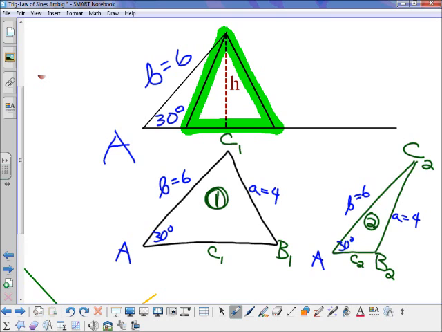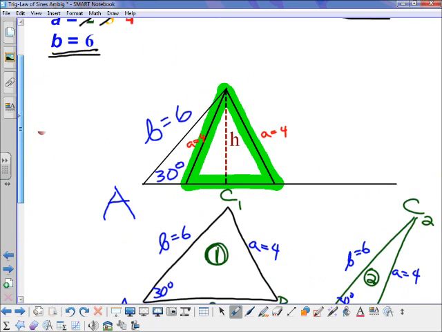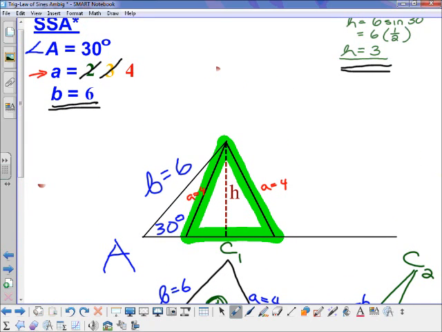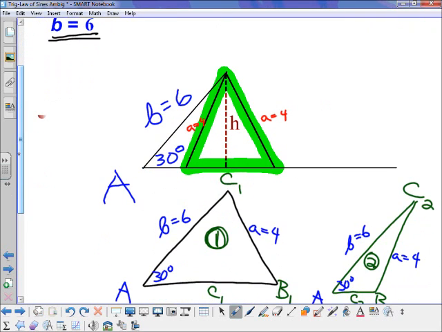Well, we said both of these sides are representing A, and A doesn't change in the problem because it's a given. Go back up to my given. It's a given, so it has to be the same in both. So they're both 4. So what do we call a triangle with 2 sides congruent? Isosceles.